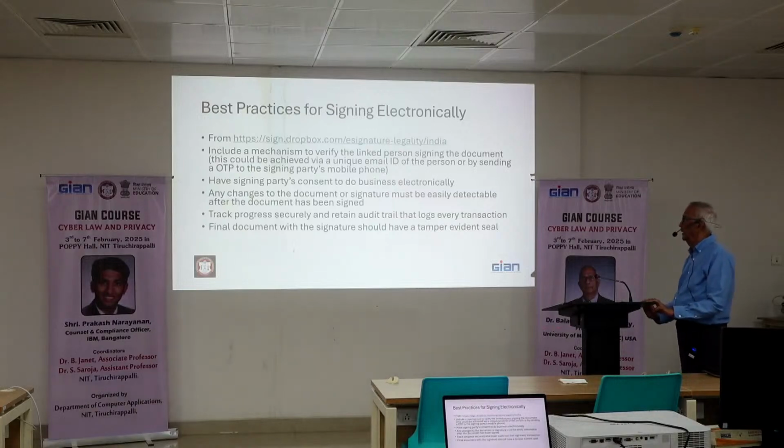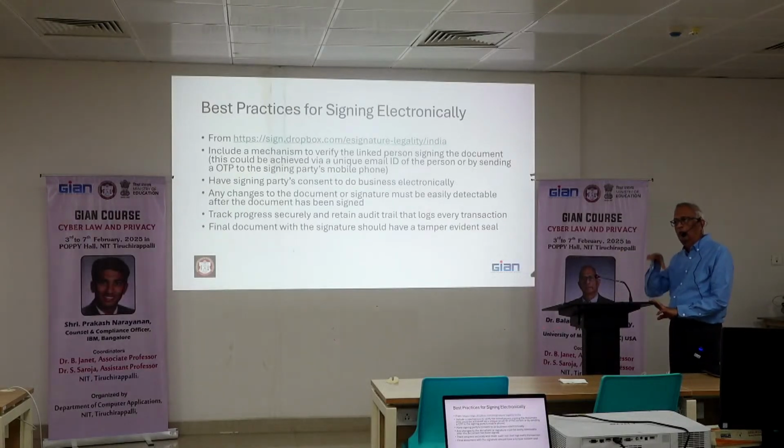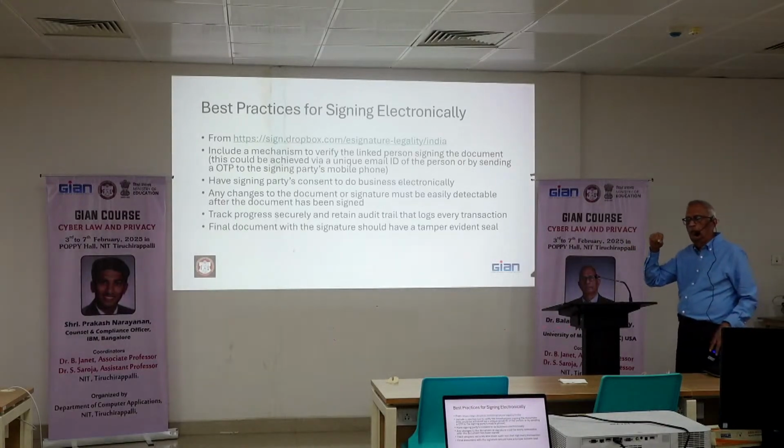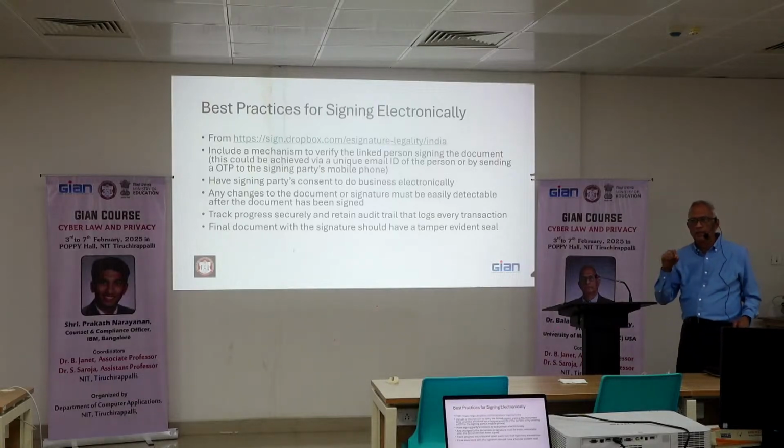And generally they require a progress audit trail. If you use systems like DocuSign, that takes care of everything. They will record every time you log in, they will record every change you make, and the parties have to sign. When you use systems like DocuSign, you can modify the contract online.